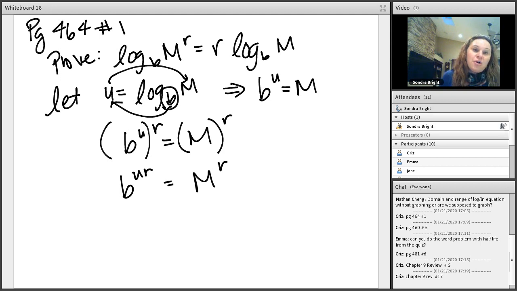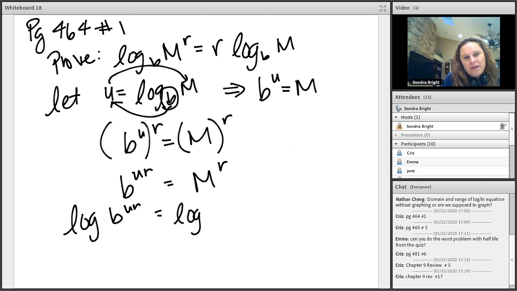And now if I take log of both sides, log of b to the ur is equal to log of m to the power of r.